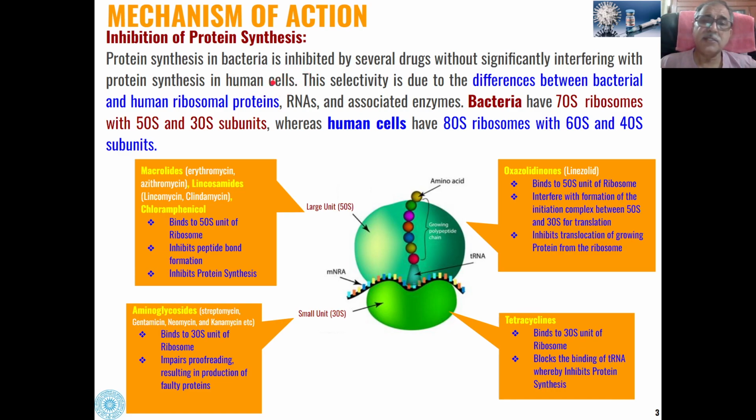The reason behind this is that the ribosomes in bacteria and the ribosomes in human cells are structurally very different, and this leads to selective toxicity, so these drugs will inhibit protein synthesis mainly in bacteria and not in human cells.